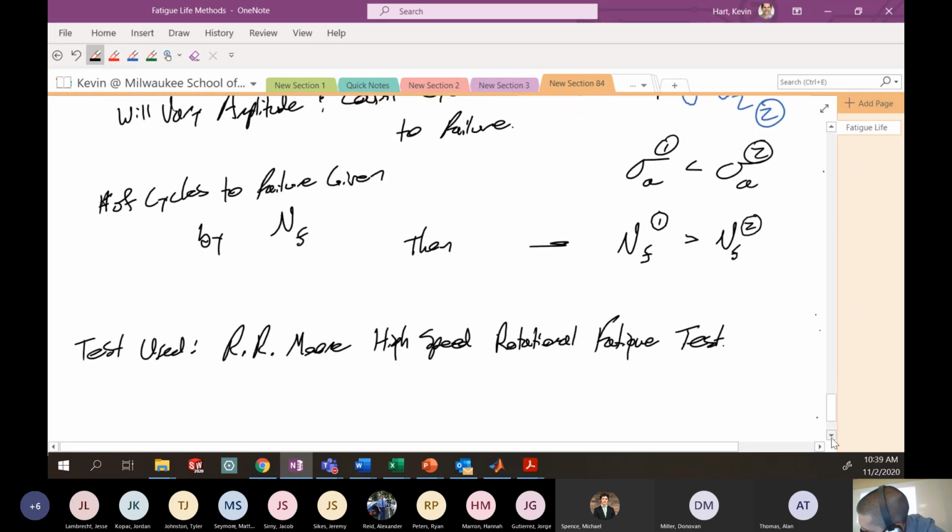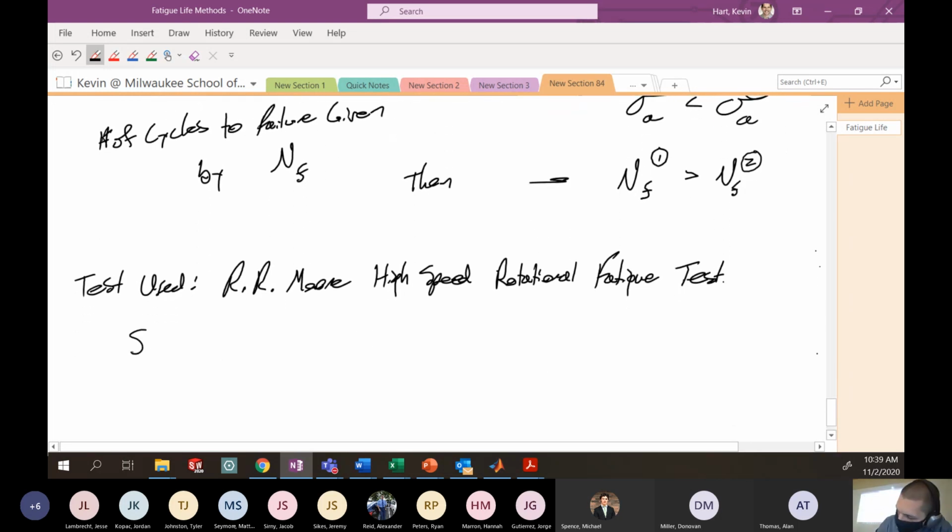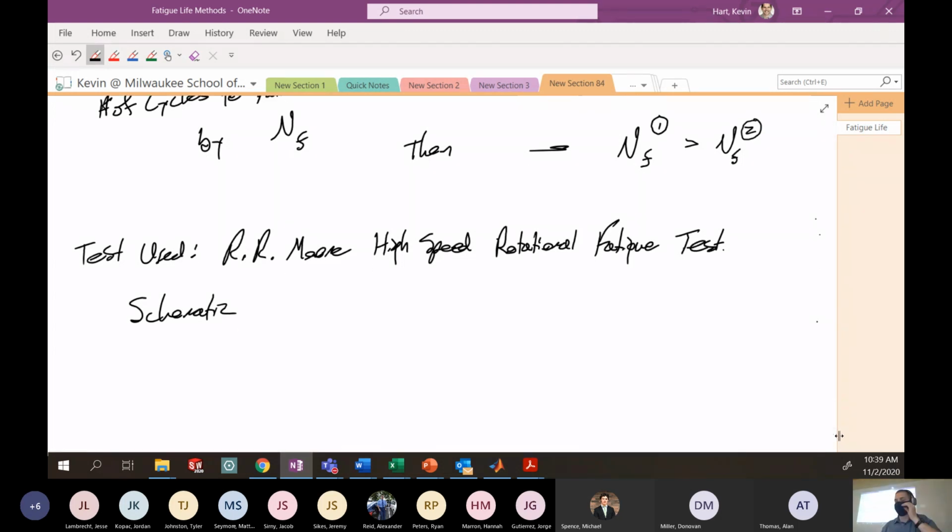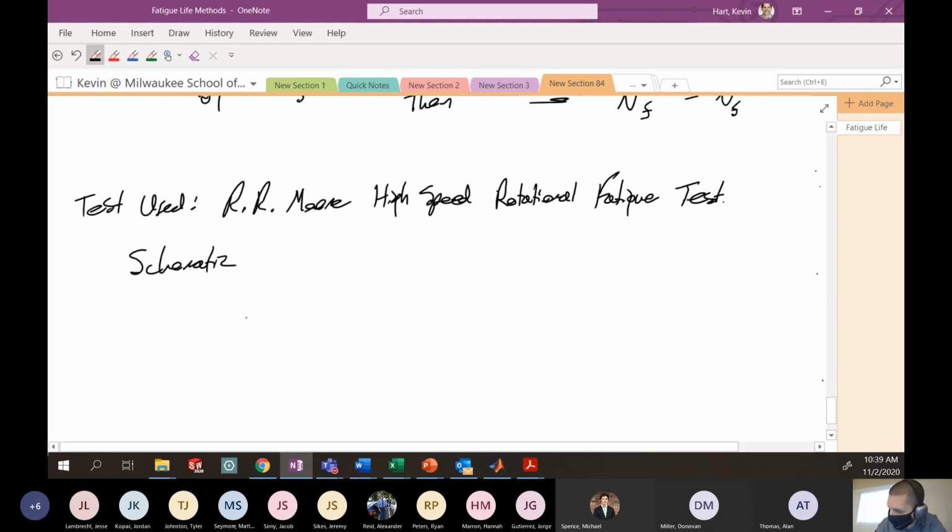Here is the idea. Here's my schematic. I have an axisymmetric specimen that is more or less round. Something that looks like this, comes out flat. Here's my round sample, and it curves in the middle. It has this radius of curvature to get me to some point where it's the thinnest it can be, here.